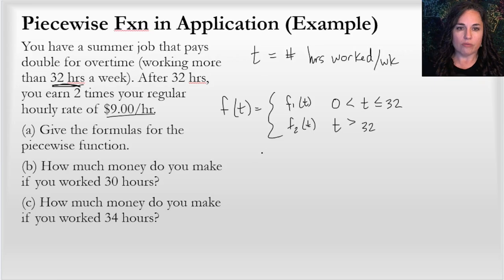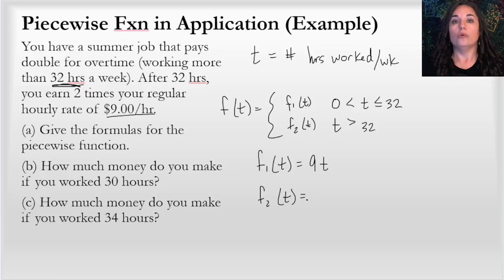So F1 is the rate you're going to get for less than 32 hours, which they said is $9 per hour. F2, I think, is a little bit more difficult here. This function has to encapsulate what you earned up to 32 hours as well as what you add on with your overtime.